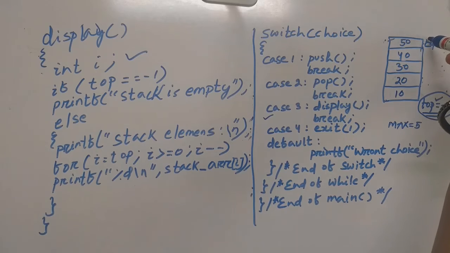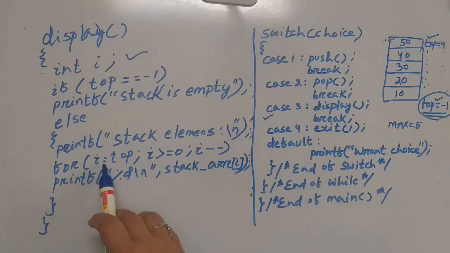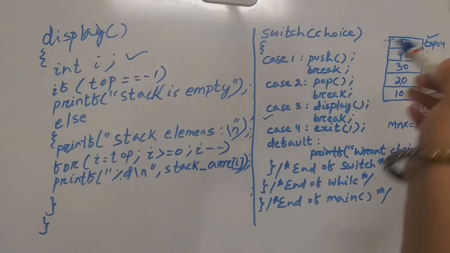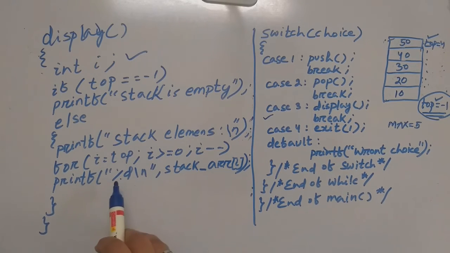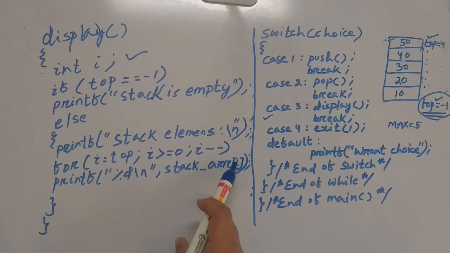We find the I value, and from that I value we decrement one by one position and print all the elements. So I equal to top, I greater than or equal to 0. I equal to top means 4, which is greater than or equal to 0. So we print stack array I. Stack array is the name of the stack, so stack underscore array, and I is here 4; we print it.